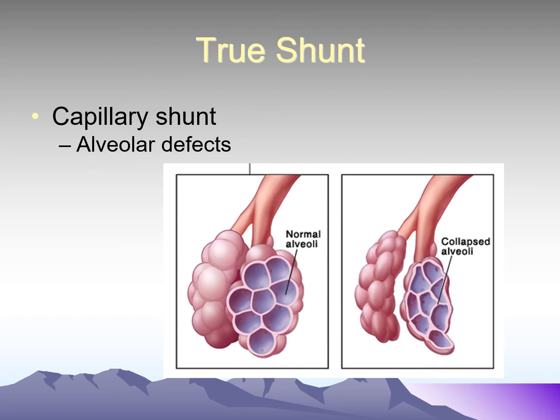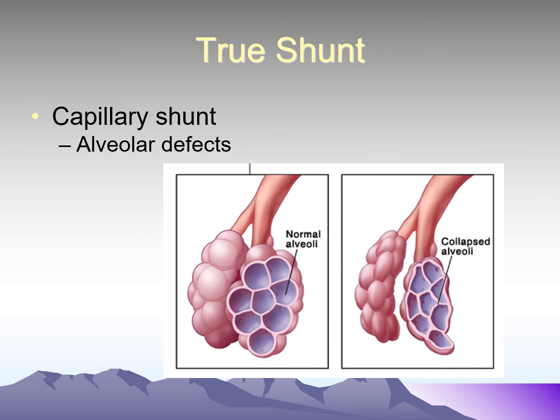I know sometimes it's kind of confusing the way they word this, but go with Desjardins as far as anatomic shunt and capillary shunt, okay? So this is where you're looking at alveolar defects. So you're having perfusion but no ventilation. So you have to think of some of the main causes of this: atelectasis, alveolar fluid accumulation, and alveolar consolidation.